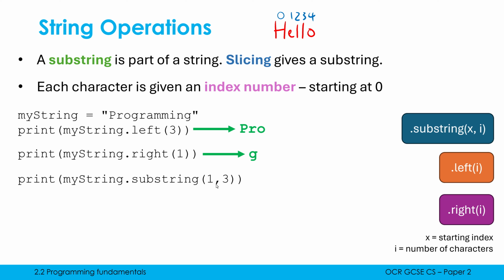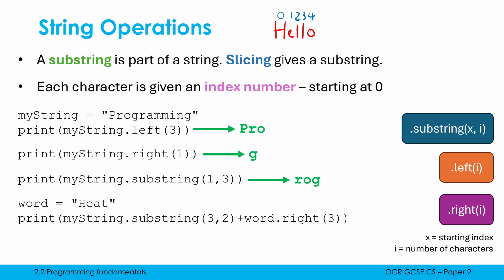So where do we start from and how many do I want. So with 1 and 3, 1 is our starting index here. Capital P is index 0, R must be index 1, so we're starting at R, and this is saying give me 3 characters. This includes your starting index, so we want ROG here. This would give us the substring ROG.